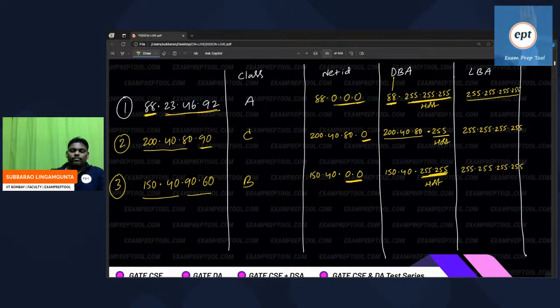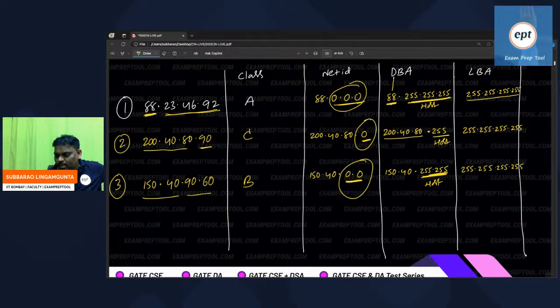Host part all ones, DBA. Everything all ones, LBA. You have to see this. Host part all zeros, Net ID.